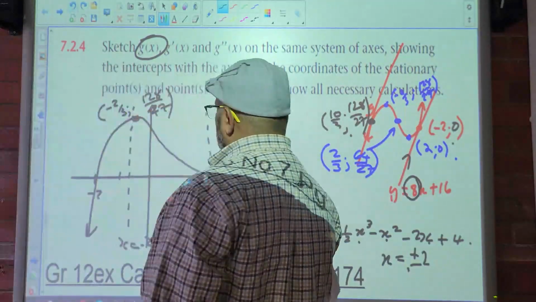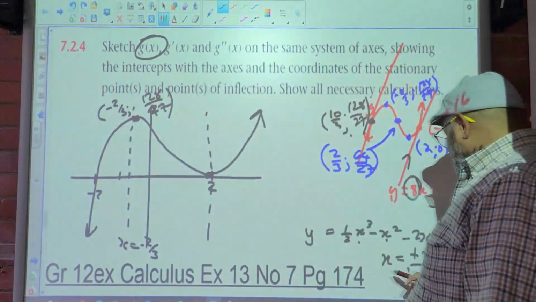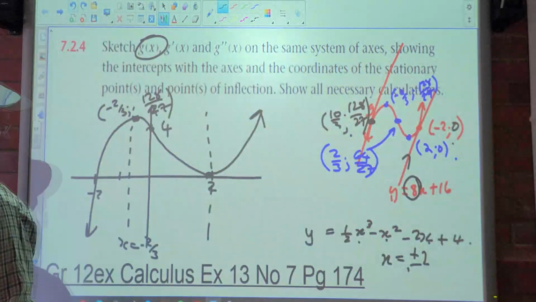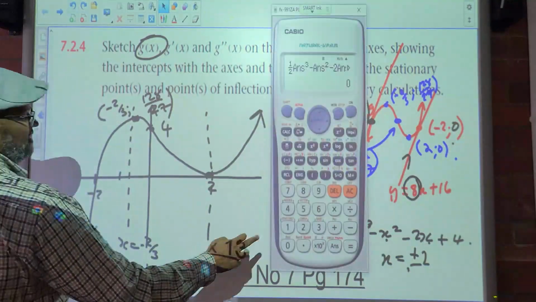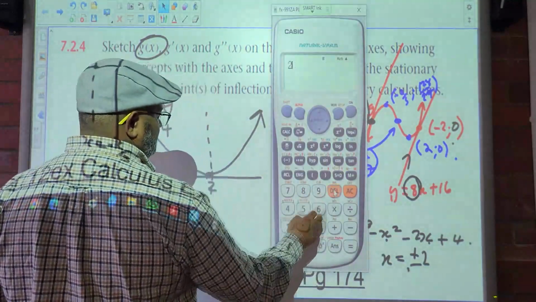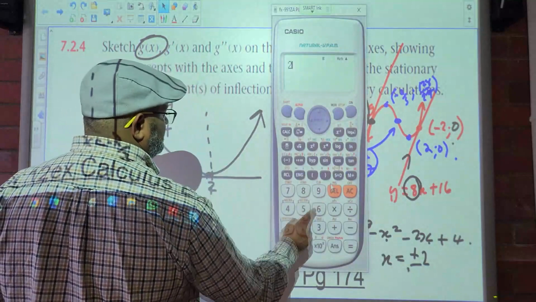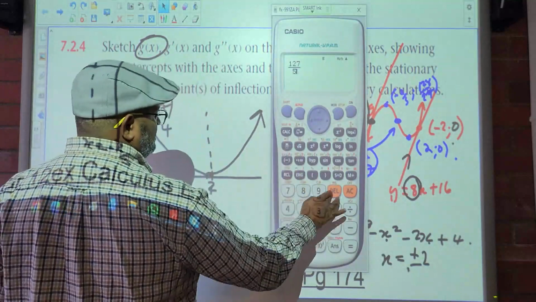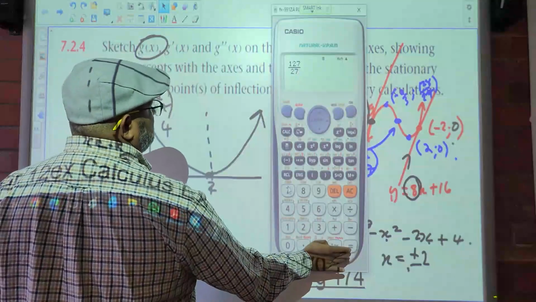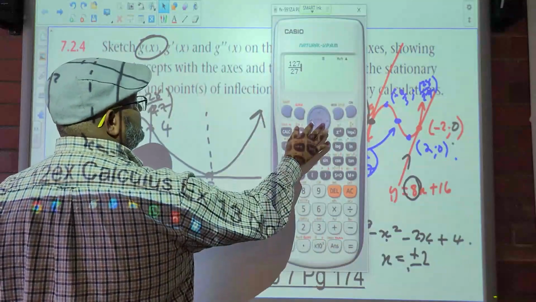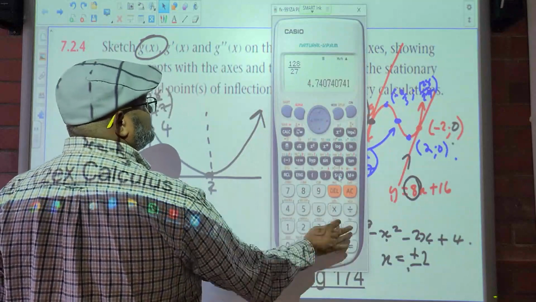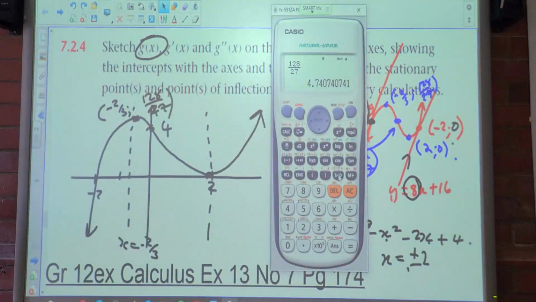And of course the other turning point is 2 and 0 here, and the y-intercept is at 4. If you test, 128 over 27 must be a value greater than 4. It doesn't have to be much greater, but it is indeed greater: 4.74.